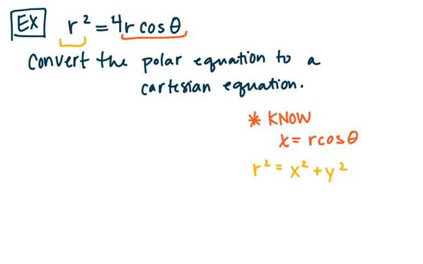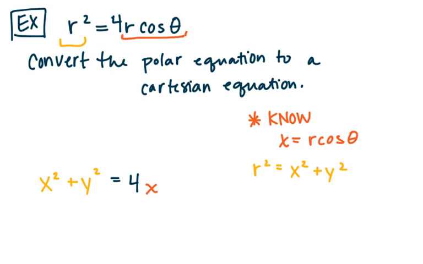So by performing these two substitutions, x squared plus y squared is now equal to 4 times x. So I have eliminated r and theta, and I only have x and y in my equation. And if we wanted to determine what this is, well, we know this is a conic.